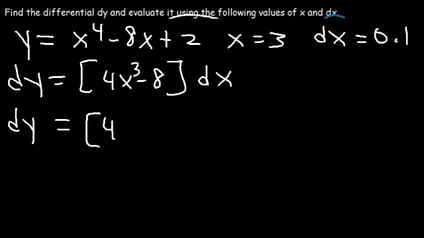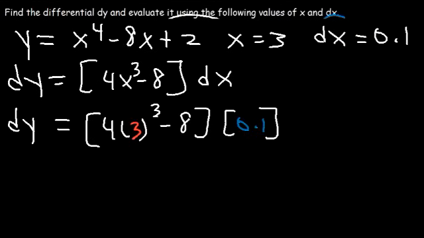So now let's plug in the values. So x is equal to 3, and dx is 0.1. 3 to the 3rd power, 3 times 3 times 3 is 27. 4 times 27, that's 27 is 20 plus 7. 4 times 20 is 80. 4 times 7 is 28.